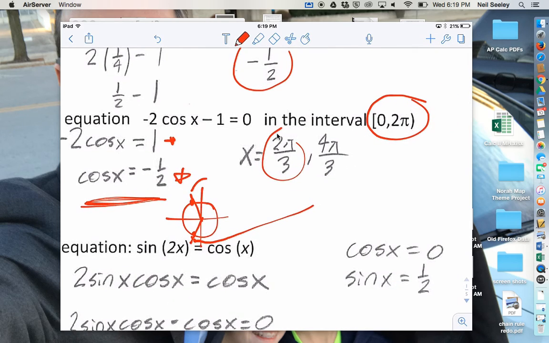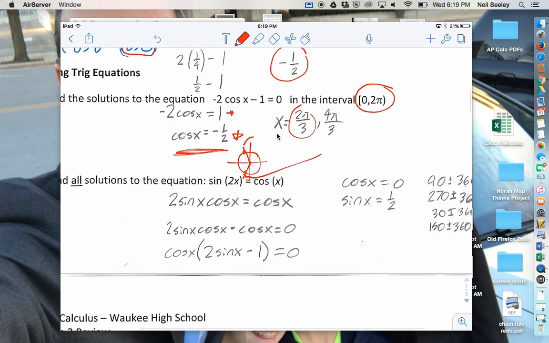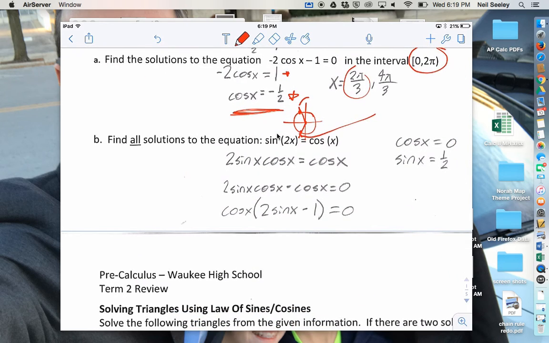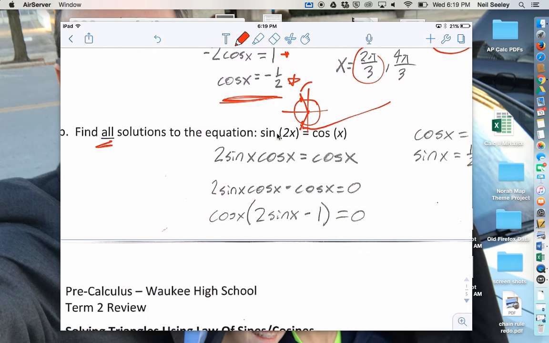Those are the only 2 that qualify if you're talking about radians on the 0 to 2 pi interval. To find all solutions, you're going to add plus or minus 2 pi k, or if it's in degrees, plus or minus 360k. That's something that could happen.